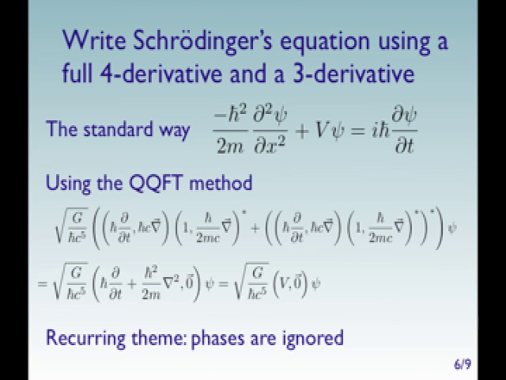Throw in an h bar over mc, and if you do that, you'll realize, oh, the m's cancel, oh, the times cancel, I only have a length. And since the del is going to give me a 1 over length, that's going to be dimensionless. Very good. And then you just kind of repeat it again.